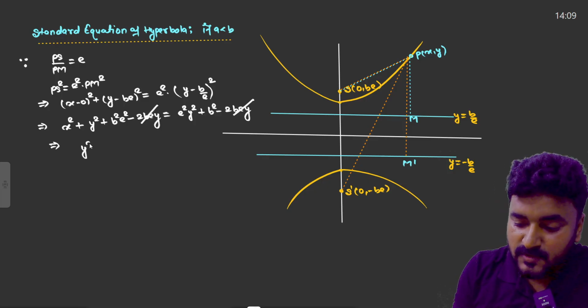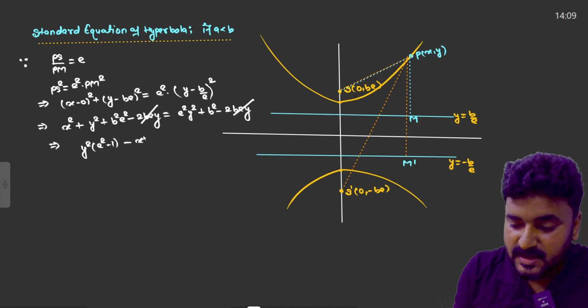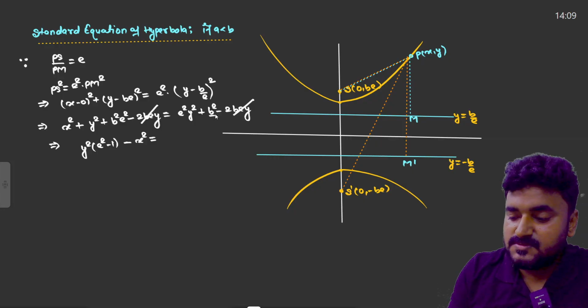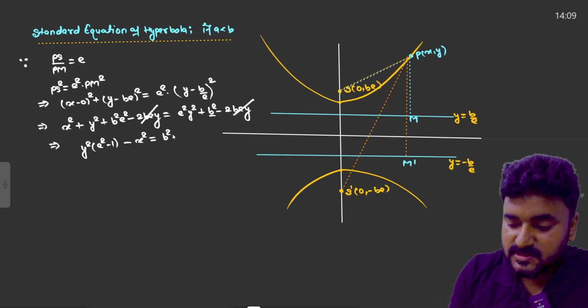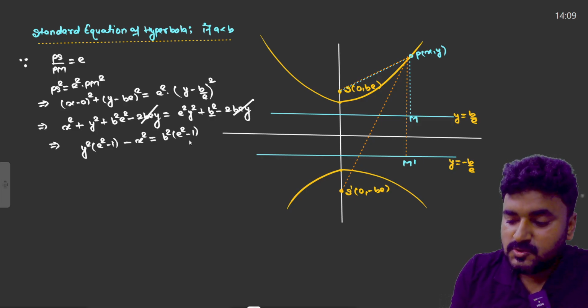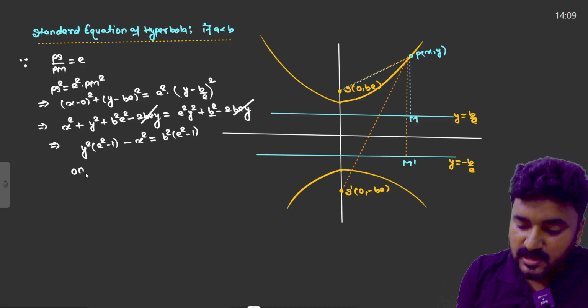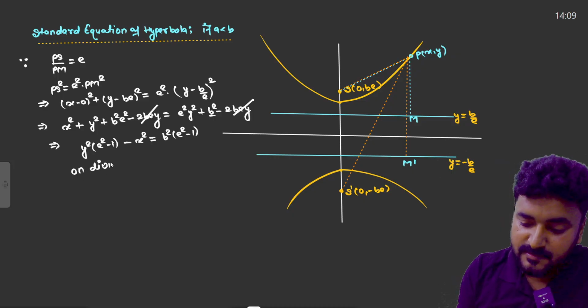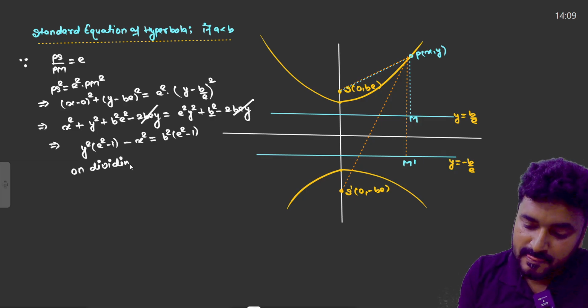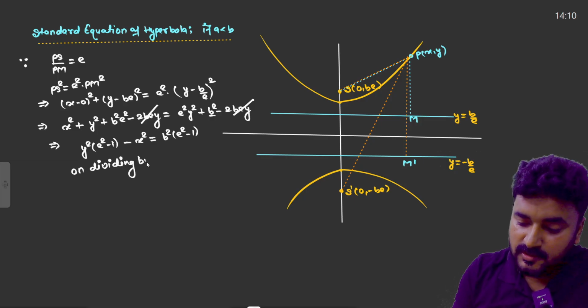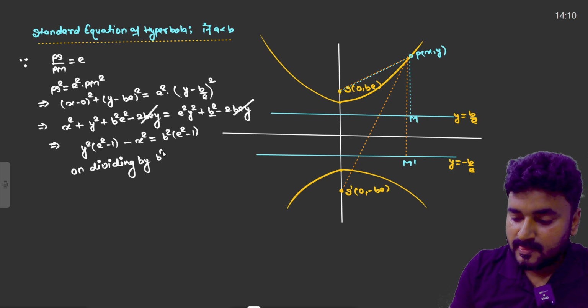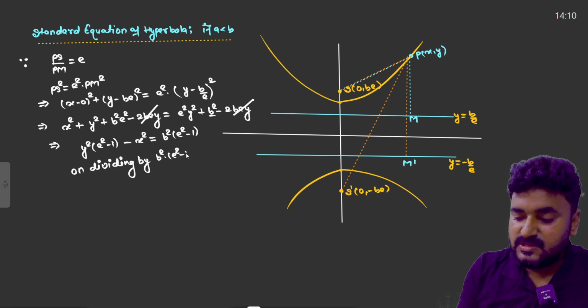So I got y square as common, so it is e square minus 1 into y square minus x square, and this B square on the left side, B square taken common, so this is B square into e square minus 1. After that I am going to divide the whole equation by B square into e square minus 1.